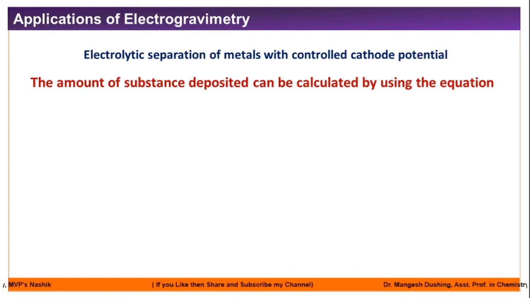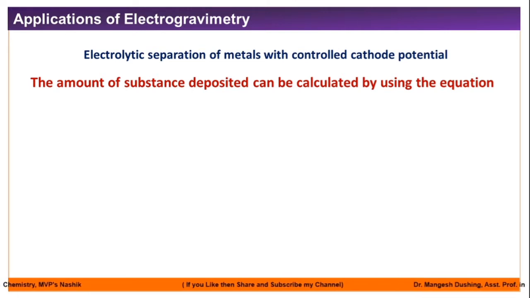The coulometric method is based on the application of Faraday's law of electrolysis, which may be expressed in the form that the extent of chemical reaction at an electrode is directly proportional to the quantity of electricity passing through the electrodes.